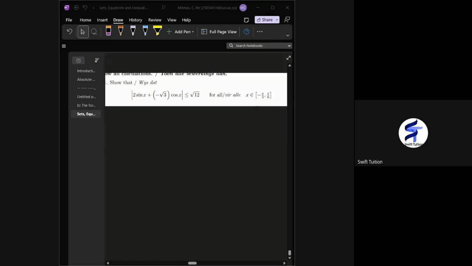When you're estimating or bounding, if you see absolute values appear, especially sums or differences inside the absolute value, as you can see over here, there's an absolute value, and inside it there's a sum and a difference, we know that in that particular case we can use the principles of the triangle inequality to break down a complex expression. A triangle inequality is just a way of rewriting something that you're already given. So if you're going to break down that more complex expression, we're going to use the triangle inequality.